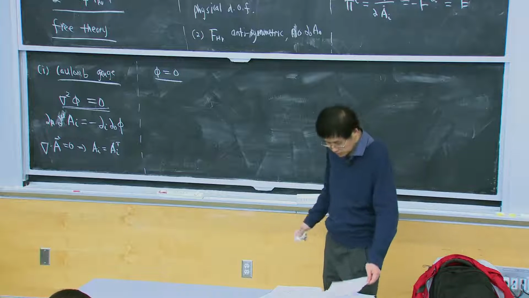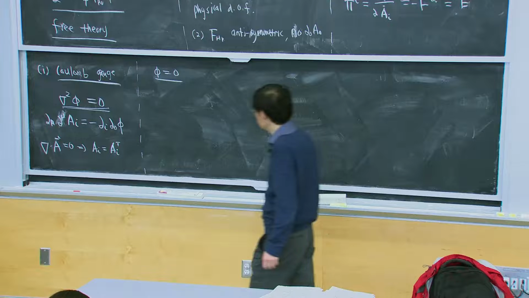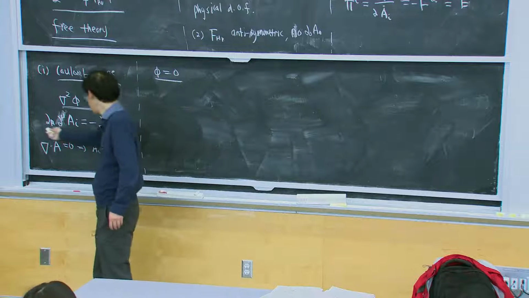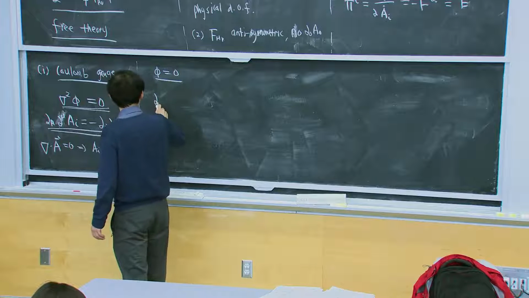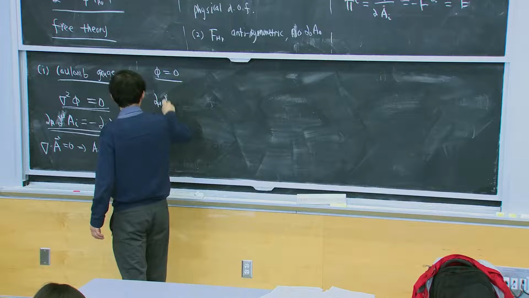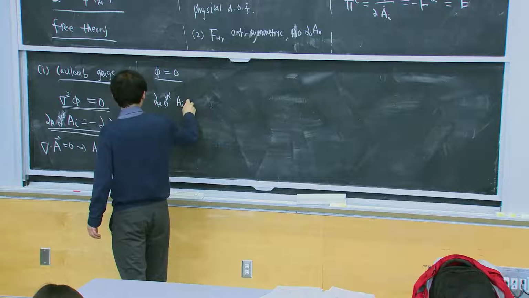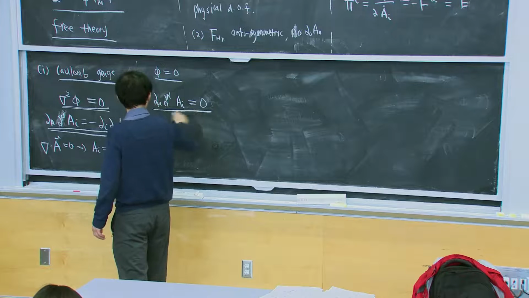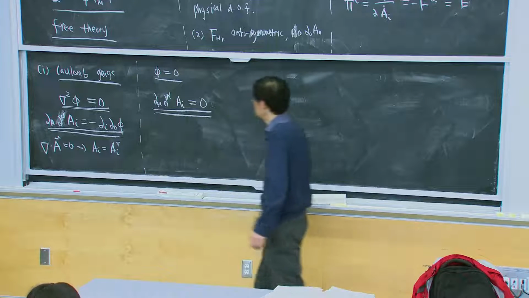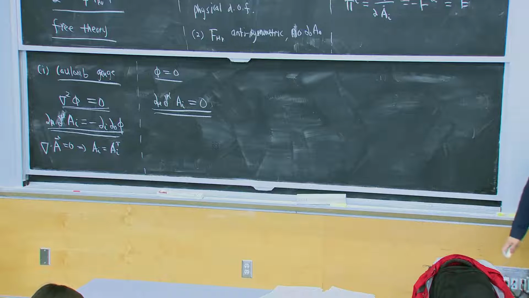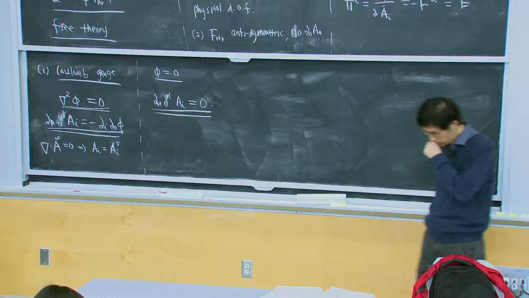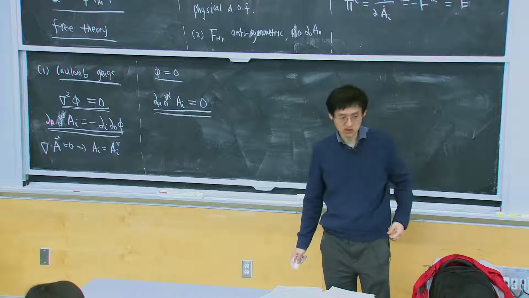And now the equation for A_i becomes very simple. You just have ∂_μ∂^μ A_i equal to 0. And now this is just like a massless scalar field equation. So now we can proceed with the quantization.